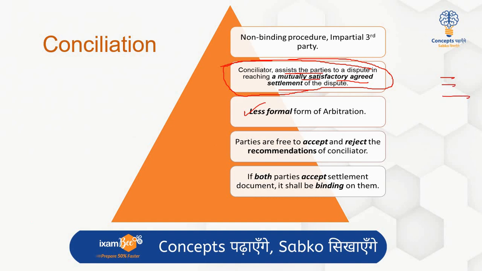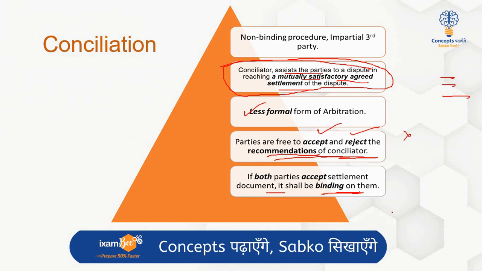Civic settlement agreement draw up होता है अगर conciliator के recommendations parties accept करती हैं तो. If reject करती हैं then the conciliation fails. So if the parties accept the settlement document, then it will be binding on them. It is like that. If we see, it is not a binding procedure जैसे award pass होता है, लेकिन अगर parties ने उस settlement को accept कर लिया है तो उस settlement की validity होती है.